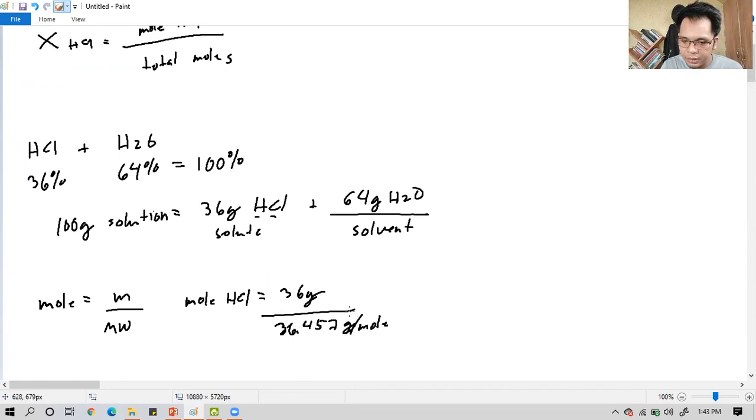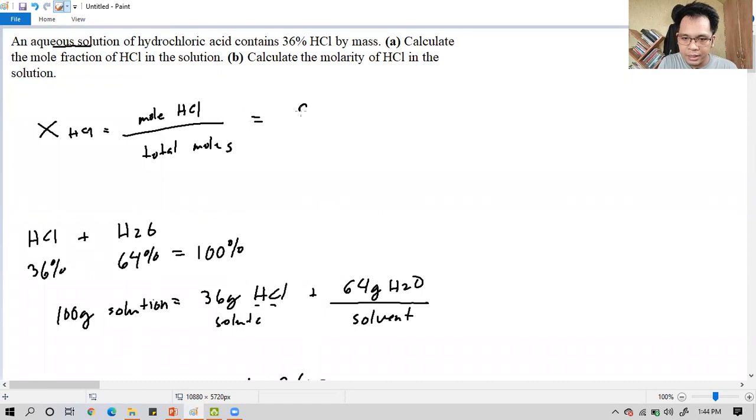So the grams cancel and we yield moles, which has a value of 36 over 36.457. We have 0.9874, rounded off, so 0.9874 moles. That's the moles we'll put here. But that's not yet our total moles, because we still have the other component. I'll drop the unit for this part and put the unit here.